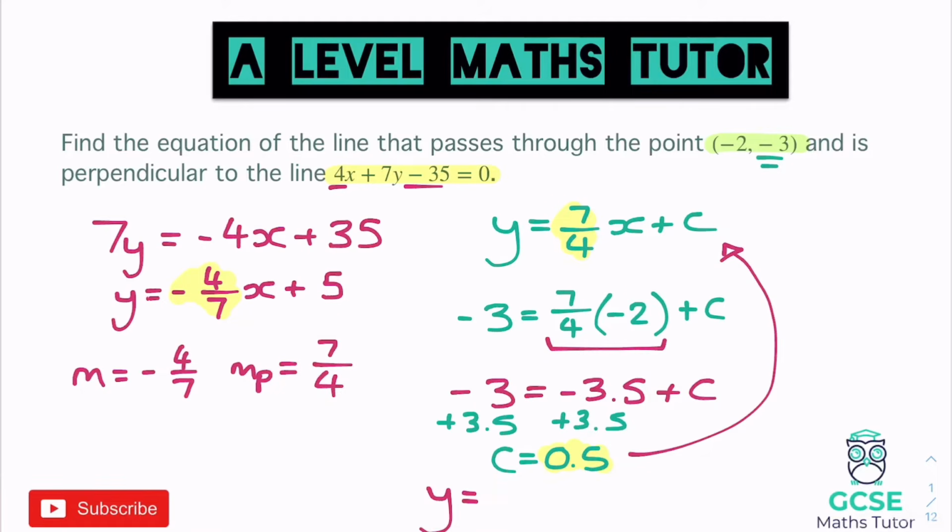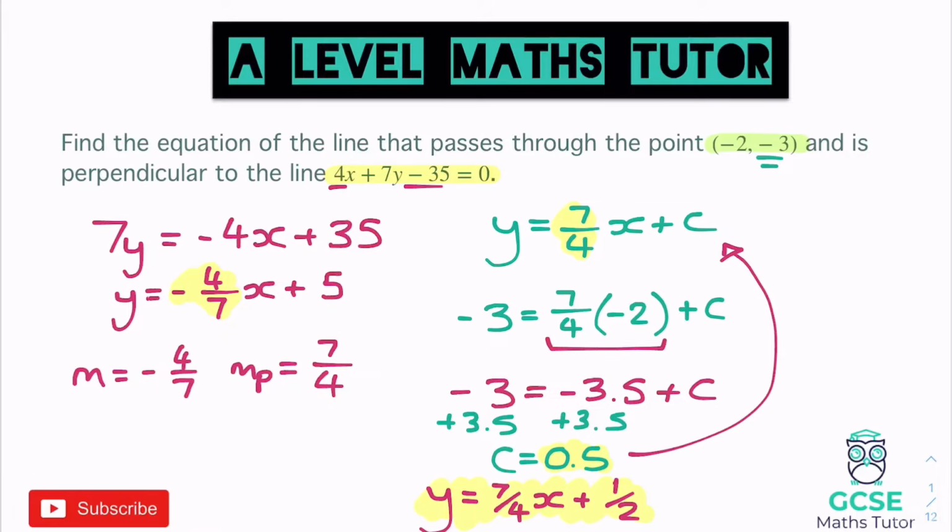Now it's not wrong to mix them together, I just like to keep it all uniform, and if I've got fractions in there I keep it as fractions. So I'm going to write it as 7 over 4 x plus a half rather than 0.5. Absolutely nothing wrong with mixing them together, but it's just very rare that you'll see it written like that, and I like to keep it the way that I'd normally see it. So there we go, y equals 7 over 4x plus a half.